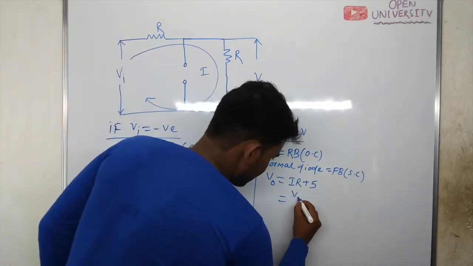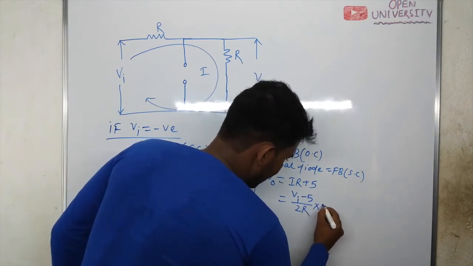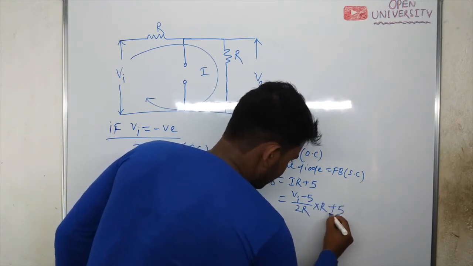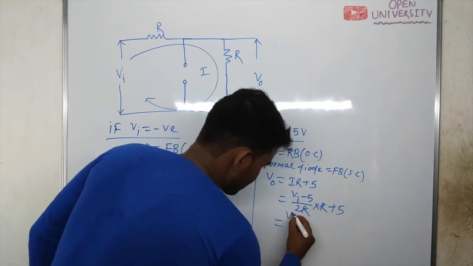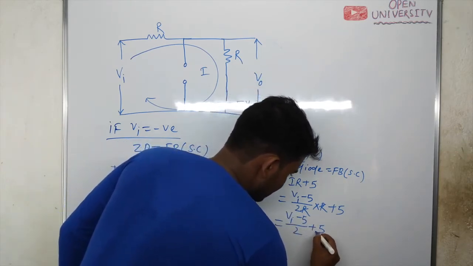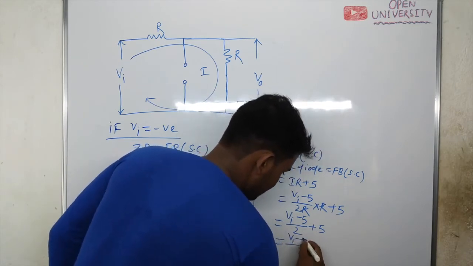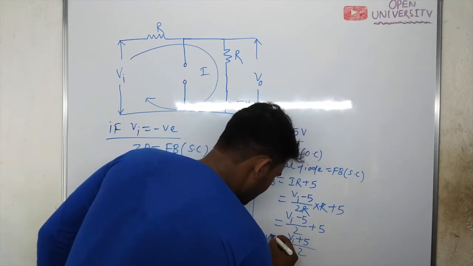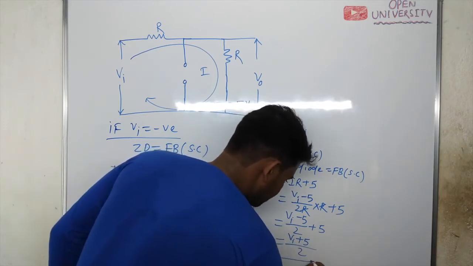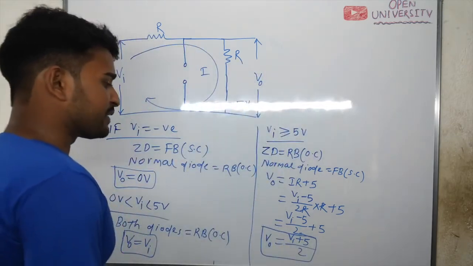So Vi minus 5 divided by 2R into R plus 5. R cancels, so it will be Vi minus 5 divided by 2, plus 5. If you take the LCM, it will be Vi minus 5 plus 10, that is Vi plus 5. So your output voltage will be equal to Vi plus 5 by 2.